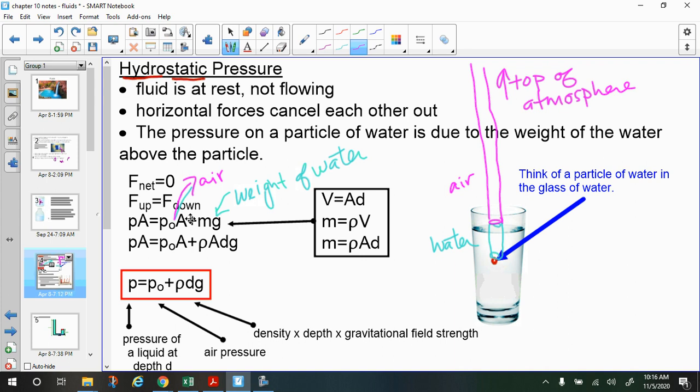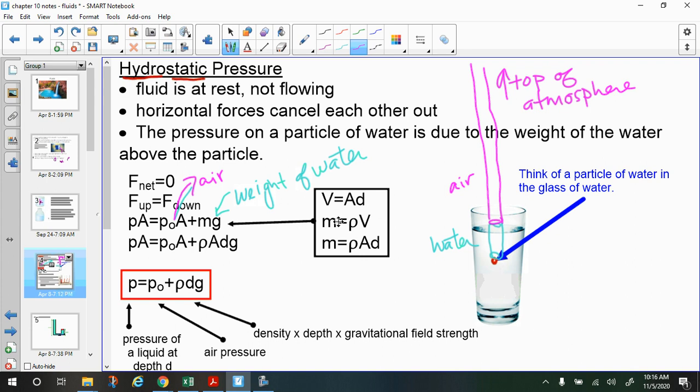So now let's look at this equation a little bit more. We know that volume is equal to area, the area of this little circle, this little particle, times the depth. So we're thinking about the volume of water here. This is the depth of the water. And then you have the area of the particle, the cross-sectional area.